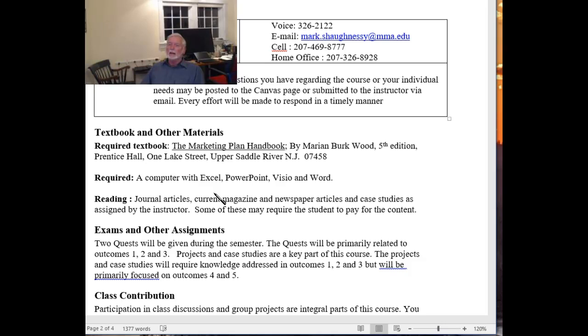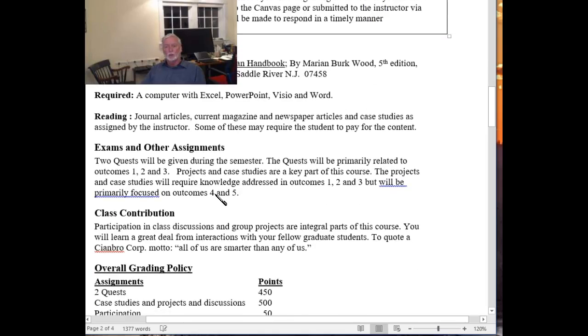And they're going to be related to mostly the lectures and the textbook material. So outcomes 1, 2, and 3. And then there'll be project and case studies, which are also a key part of the course. The project and case studies will require the knowledge that you've learned in 1, 2, and 3, but primarily focused on outcomes 4 and 5. So 2 different assessment methods.